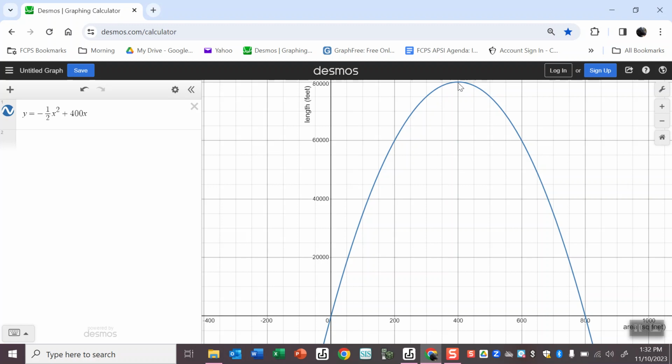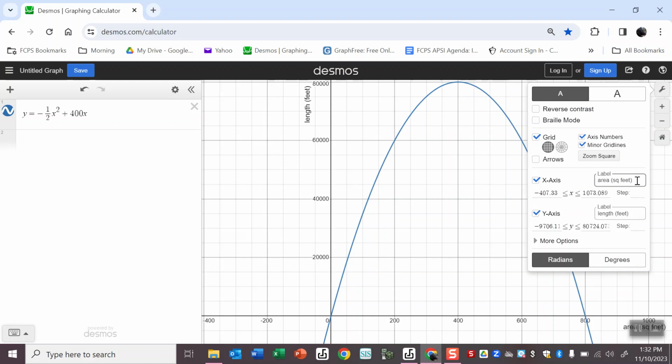Okay, so there's my high point. Here's my x-intercept over there. Okay, so let's get this drawn on your paper. So we got 800, 0. The bottom axis is my, oops, I mixed that up, didn't I? I want my area to be my y-axis, and this is my length.